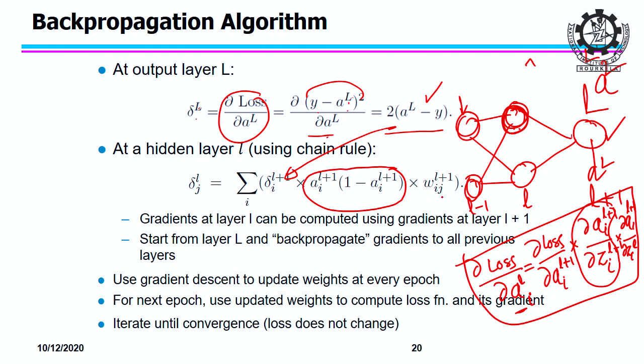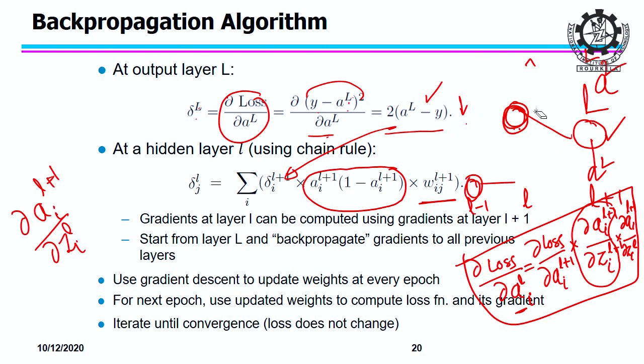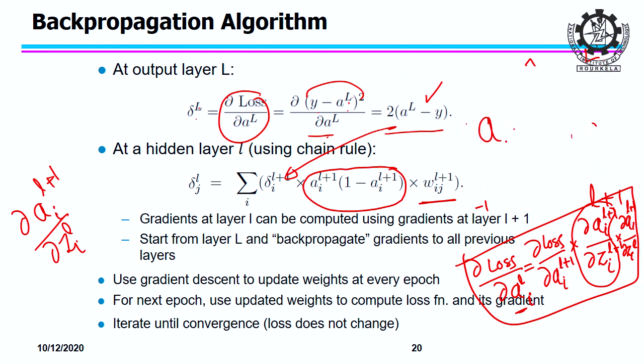Next, what is left is this part: I have to compute del A_i^(L+1) with respect to del Z_i^L. So, A_i^(L+1) is nothing but a function of Z_i^(L+1).